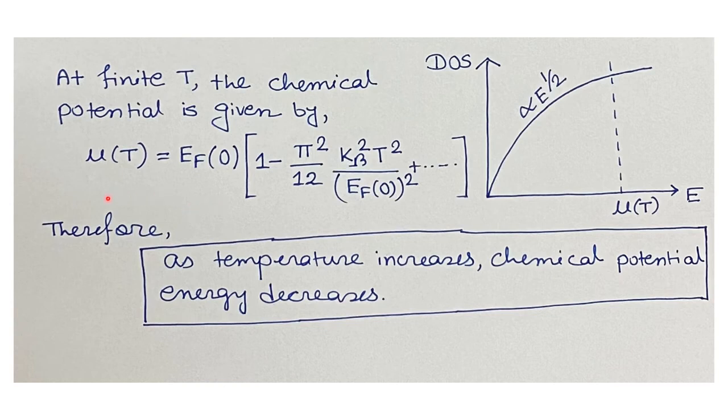Now, if you see this expression carefully, you will see the chemical potential will decrease as the temperature is increasing. So, among the four options, option A, that is, as temperature increases, the chemical potential decreases, is a correct one. Now, we will verify the other three options.